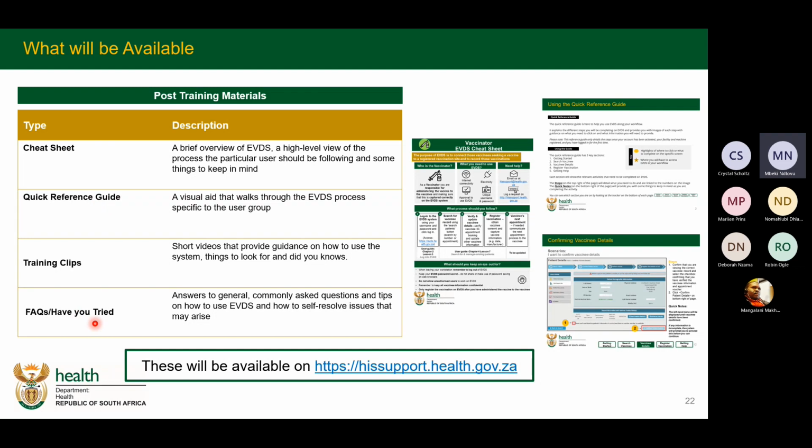They just provide more information about the processes that you follow in terms of your role as patient admin and vaccinator. And we also have video clips, right? There are short video clips which show step by step the things that I was demonstrating when I was logging in and going into the system.